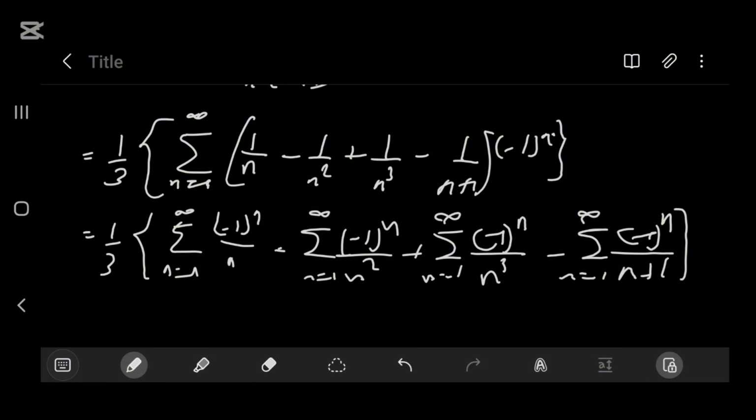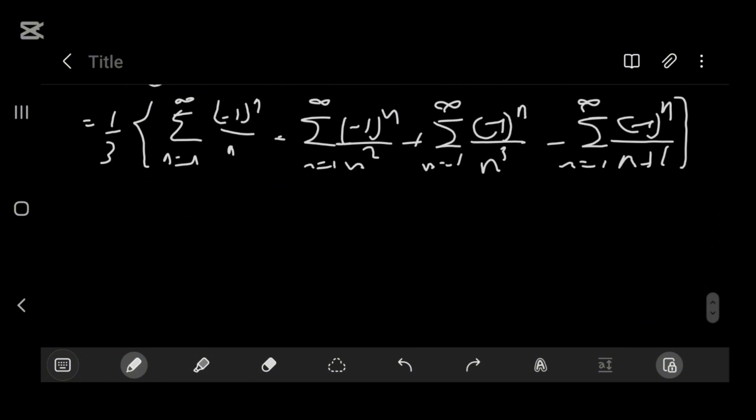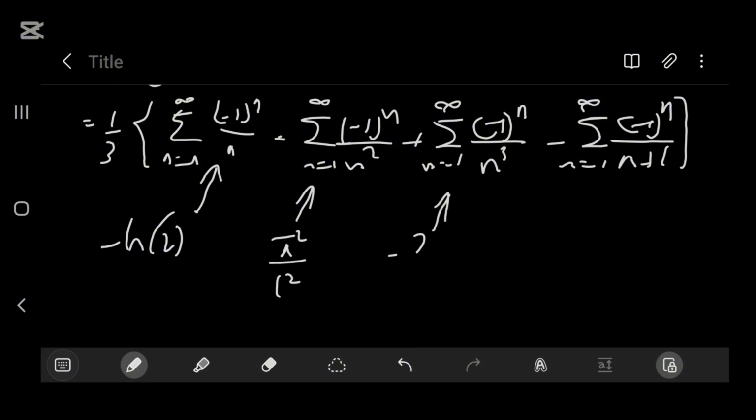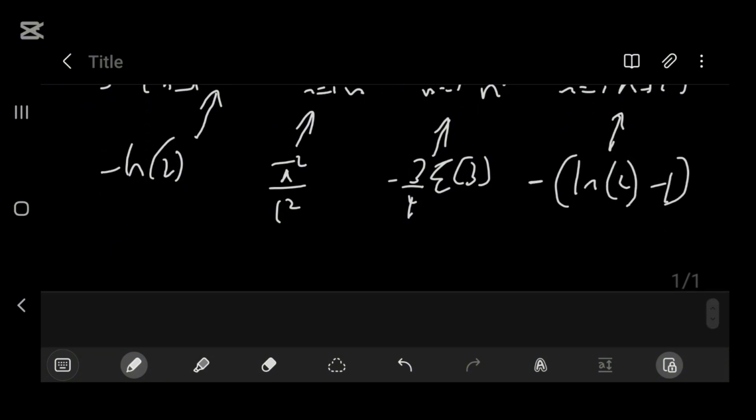For this part we can use the natural logarithm of 2, for this one we'll have pi squared over 12, this one is actually minus 3 over 4 zeta of 3, and for this one we'll have minus natural logarithm of 2 minus 1.